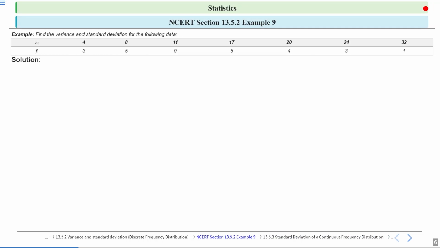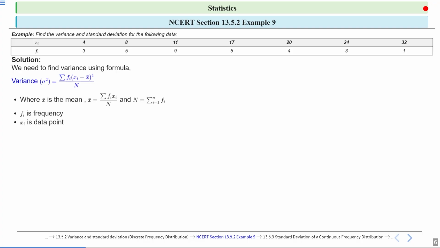So let's solve this example step by step. To solve this example, we need to use the formula for variance. So try to recall the formula for variance.